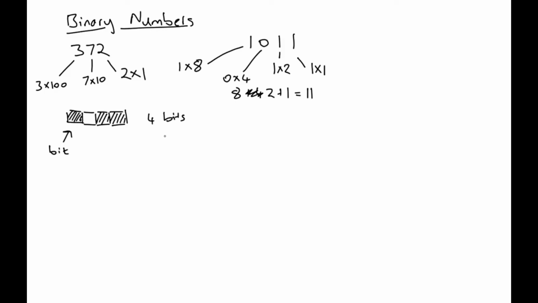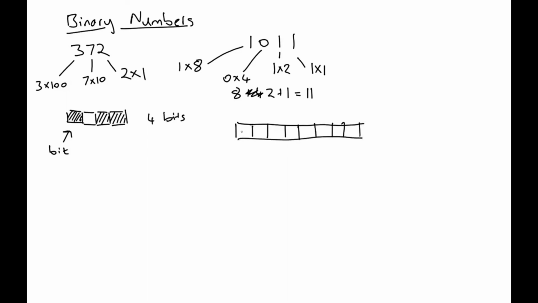And the other thing I want to mention is that bits in the computer's memory are organised into bytes. So a byte is 8 bits. Let's have 1, 2, 3, 4, 5, 6, 7, 8. So we've got 8 cells here.